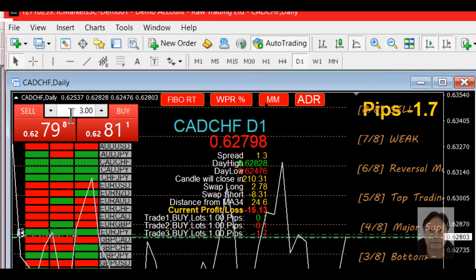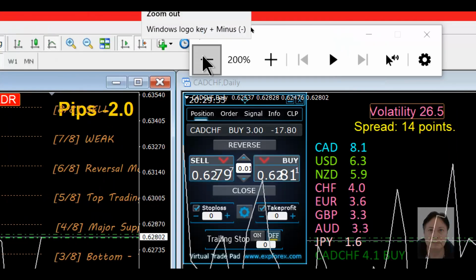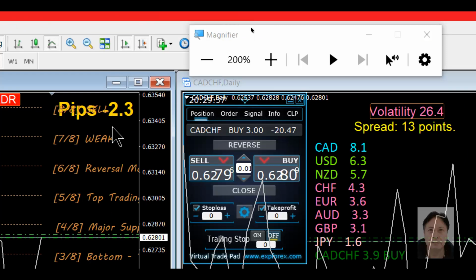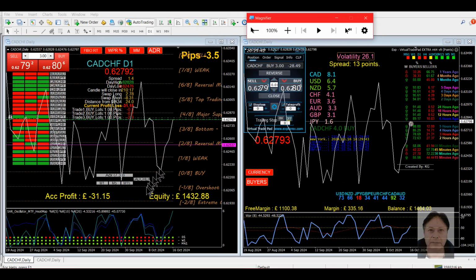I've got 3 lots ready, by the way, in case I need to apply that if my system tells me to place it. The pips is minus 2.6, well it was minus 1.7. And as you can see, that's shot back up to 31.